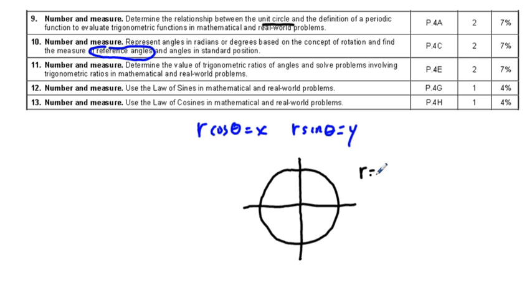So r is equal to 1 in a unit circle, and you just have an xy coordinate plane. The point on the right is going to be the point 1 comma 0, and at the top of the circle is going to be 0 comma 1. At the left of the circle is going to be negative 1 comma 0, and at the bottom is going to be 0 comma negative 1.